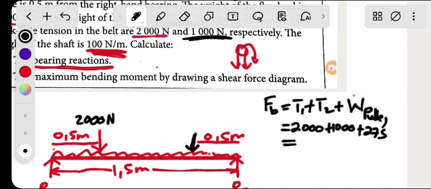Punch them in, it will be 3275 newtons. This will be the force here, 3275 newtons. This is the pulley, remember, guys. So this is what we have.